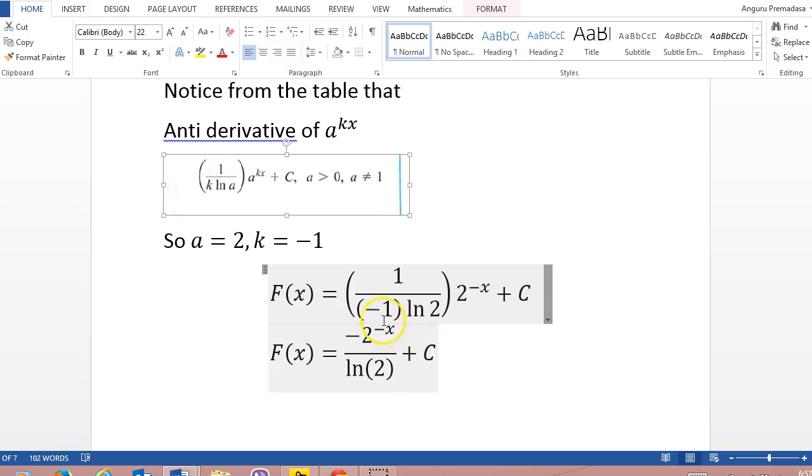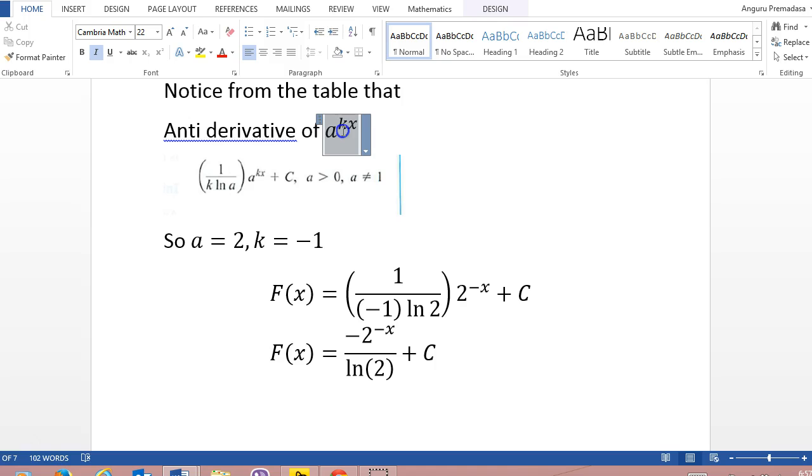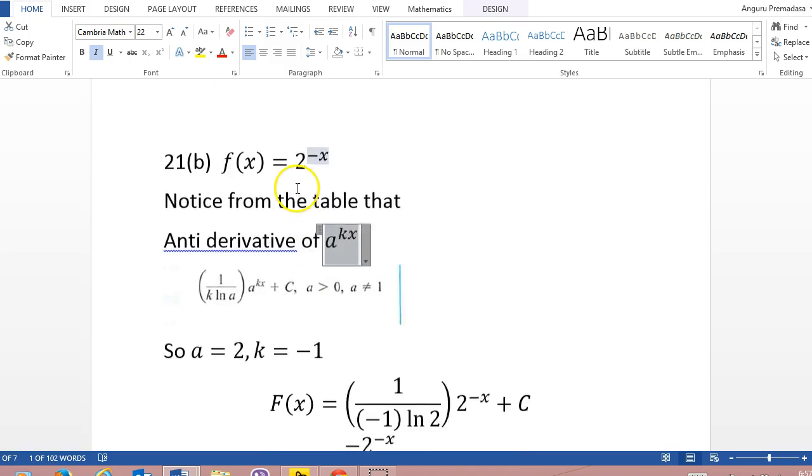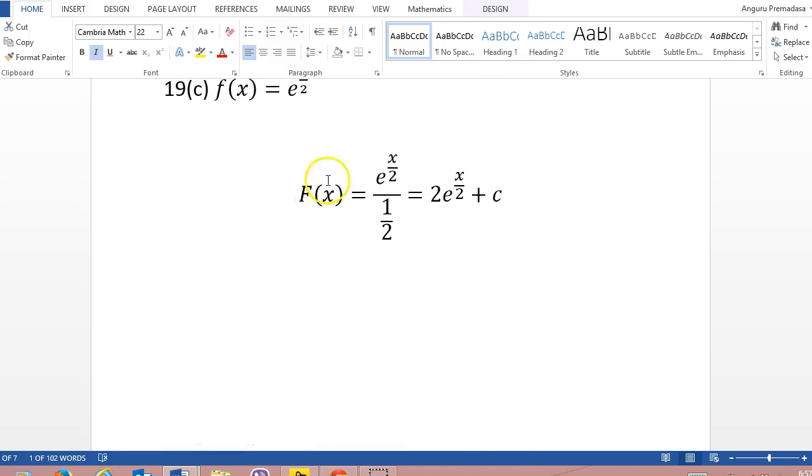Well, you can rewrite this a little bit by writing 1 over negative 1 as negative, right, and then you have 2 to the negative x divided by natural log of 2, plus c. So remember, this is when you have a different base other than e, this is the antiderivative. But if you just have e, then all you need to do is to repeat it and divide by the coefficient here.